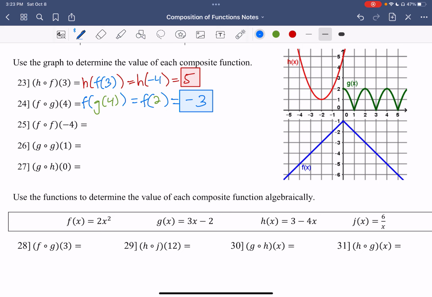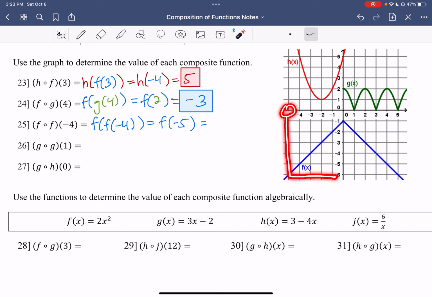Okay, let's do another one, f of f of negative 4. Go to where x is negative 4, go down to the blue, your y value is at negative 5. Stay on the blue line, go to x is negative 5, and now y is negative 6. Okay, g of g of 1.